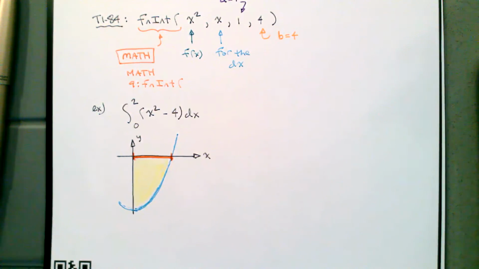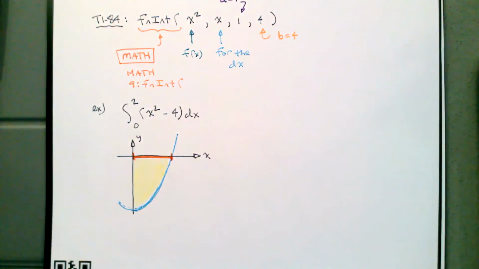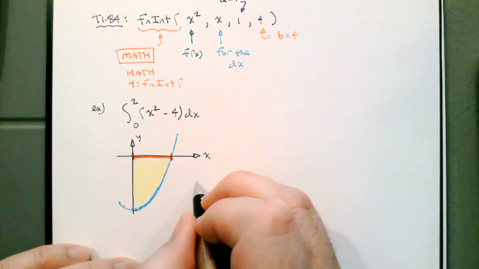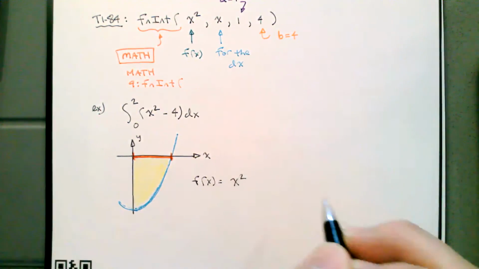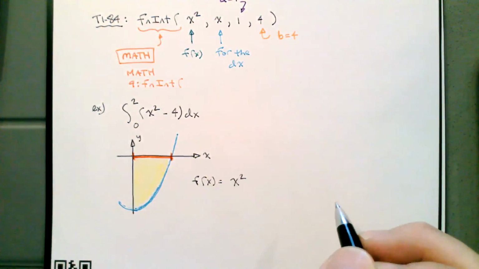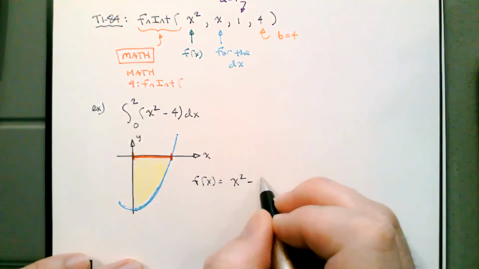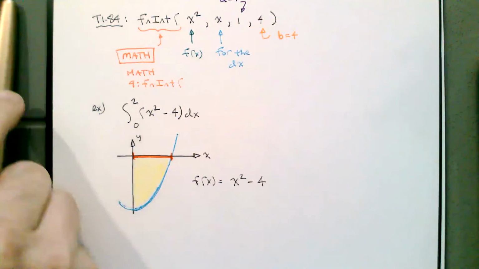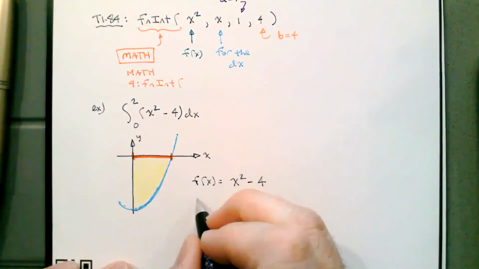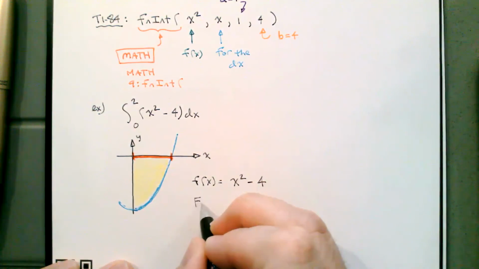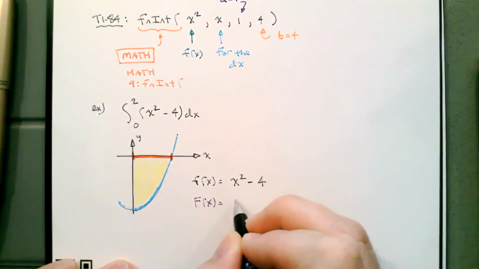Let's see what the fundamental theorem of calculus has to say about this definite integral. In this case, our function f of x is x squared minus 4. We know the antiderivative of x squared. We just did that.